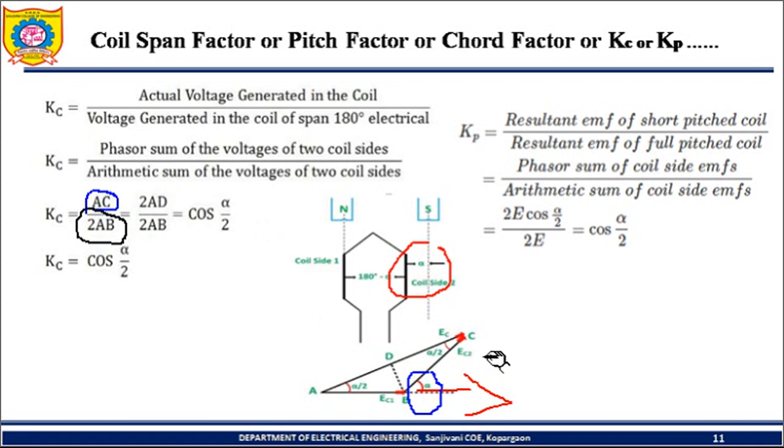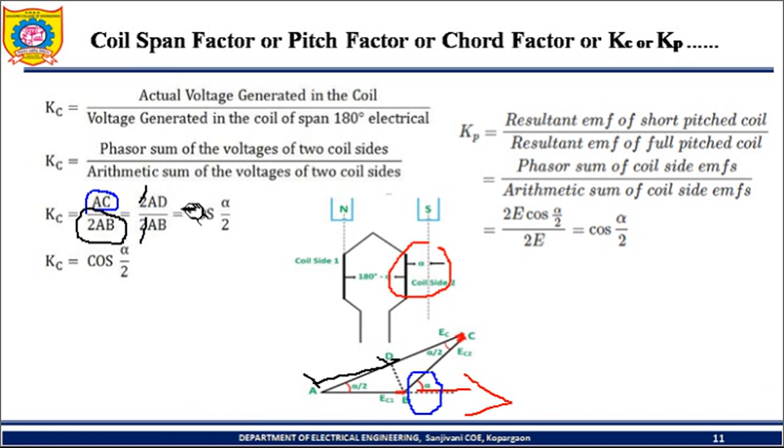But you can check, if AC is there and a center line is drawn, then point D will divide this line into two parts. That's why AC can be replaced by twice AD, and this will be twice AB.